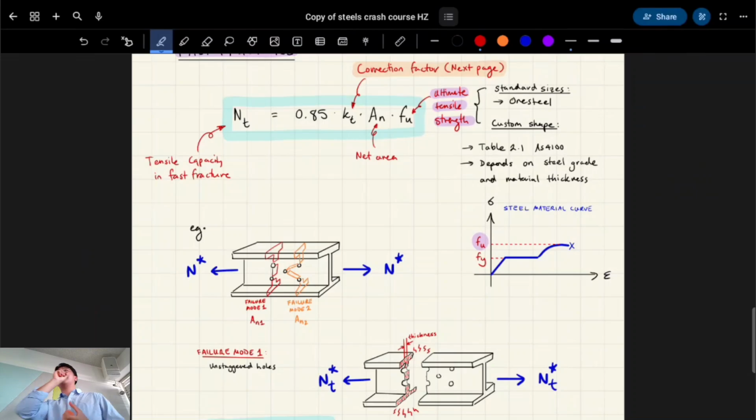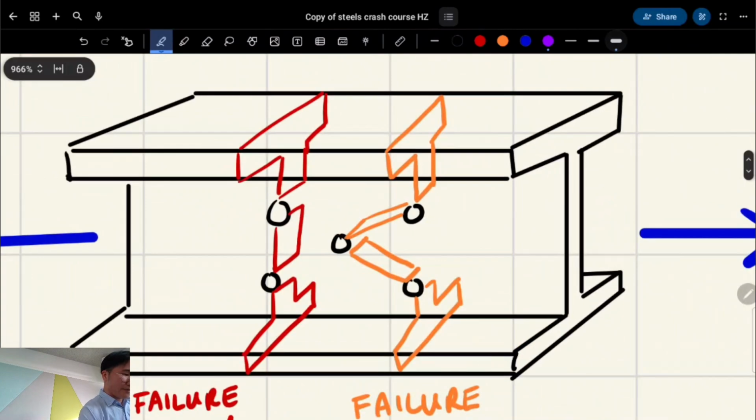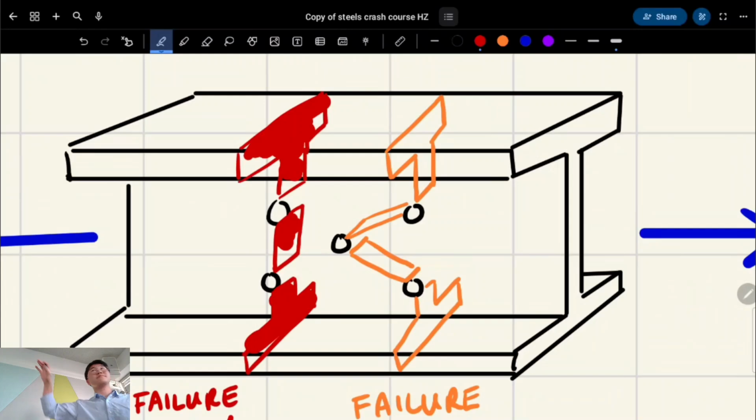Yes, pretty much. These will be the new cross sections. Do you see how it's a bit smaller than our old cross section? The same amount of force has to go through less cross section.